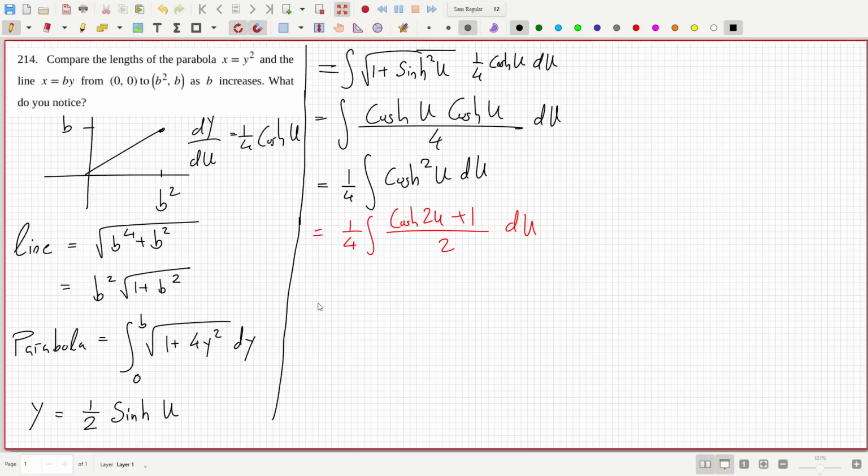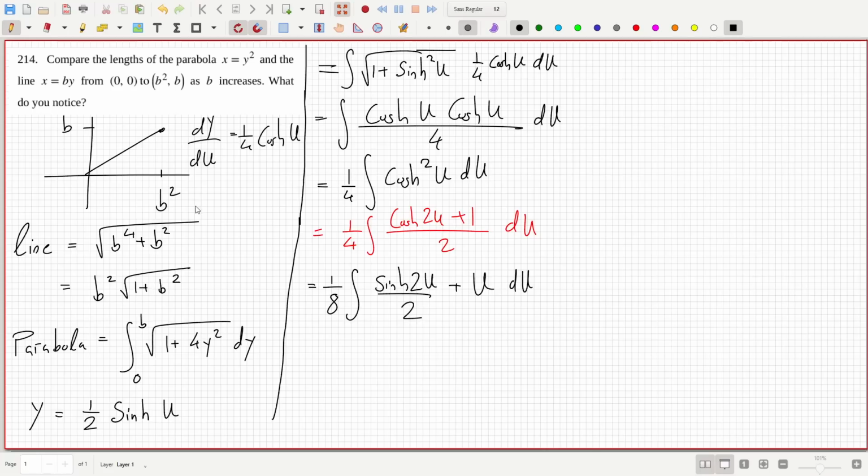Okay, so that would be 1 over 8. And then we want to integrate this. So that would become sine 2u over 2 plus u. And then the limits. So let's see now.